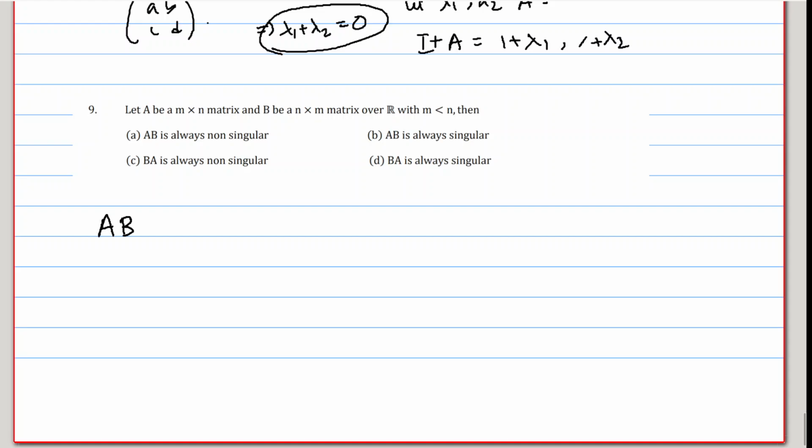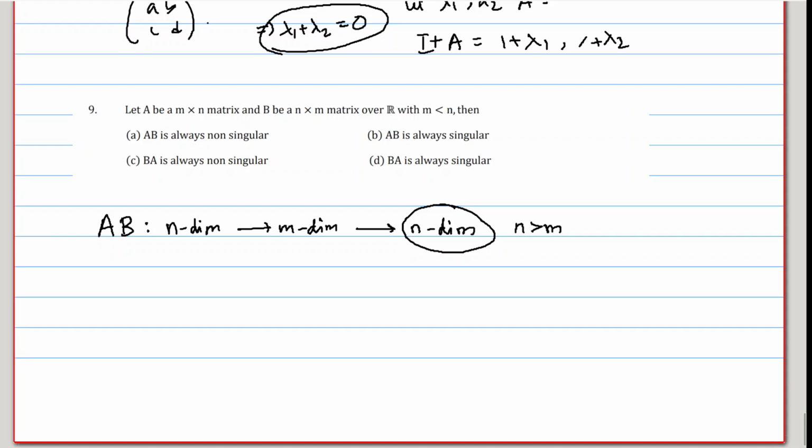First of all, what is AB? AB will be from N to M to N, that is from N dimensional space to M dimensional space and back to N dimensional space, right? And which one is bigger? N is bigger. So you're going from a big space to a small space and back to a big space. You can never cover the big space. That means it is not onto, so it is not invertible.